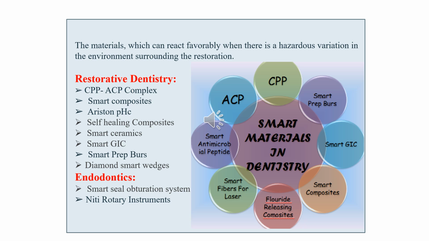Restorative dentistry has the CPP ACP complex, smart composites, Ariston pHc, self-healing composites, smart ceramics, smart GICs, smart prep burs, and diamond smart wedges. In endodontics, there are the smart seal obturation system and Night Eye rotary instruments. We will discuss in the next slides why they are called smart.